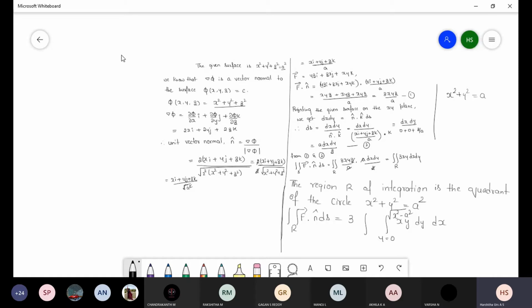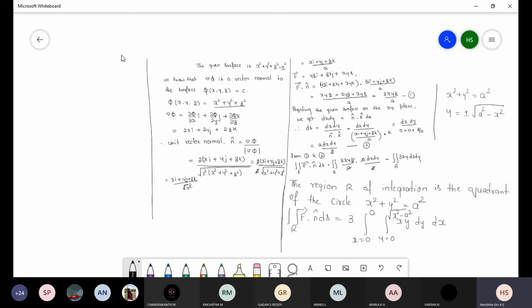Finding y, y is equal to plus or minus root of a square minus x square, but we are mentioning here the first quadrant, so y is equal to 0 to root of a square minus x square. X varies from 0 to a.